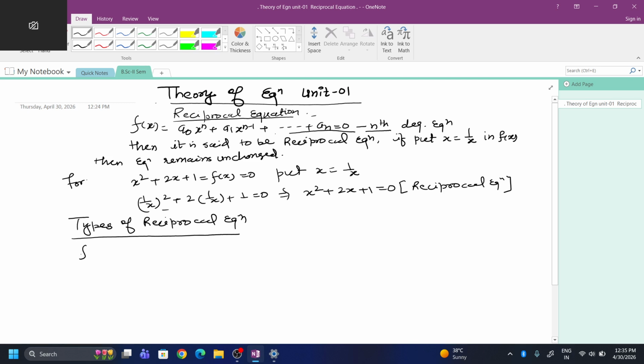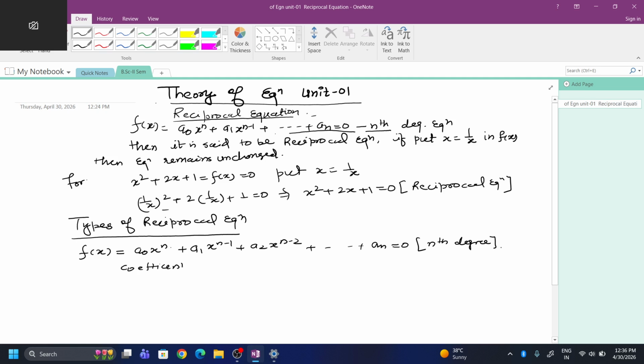So first, consider the equation f(x) = a0 x^n + a1 x^(n-1) + a2 x^(n-2) + ... and the last term is an, equal to 0. This is an nth degree equation, and it is a reciprocal equation. Now, the coefficient of x^n, that is a0, is exactly equal to an.